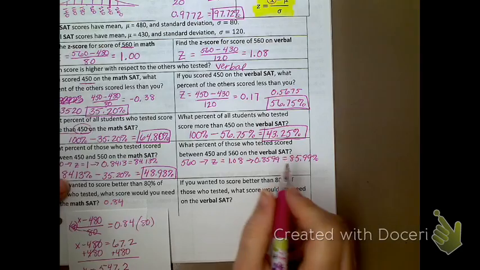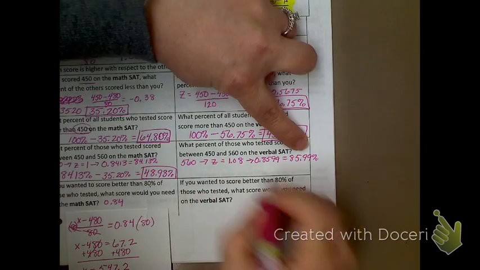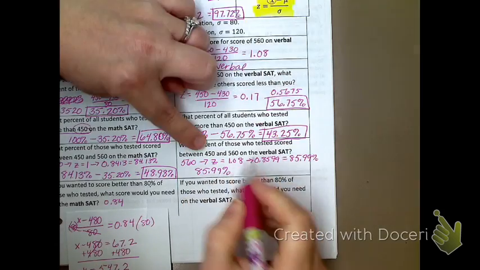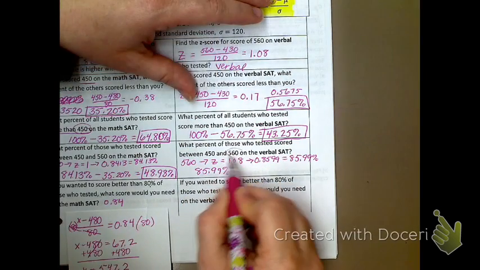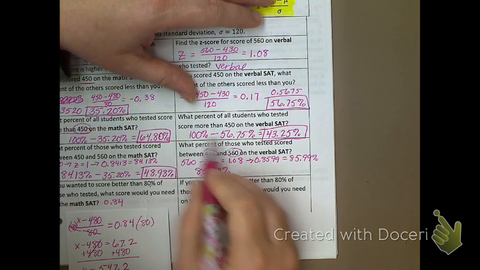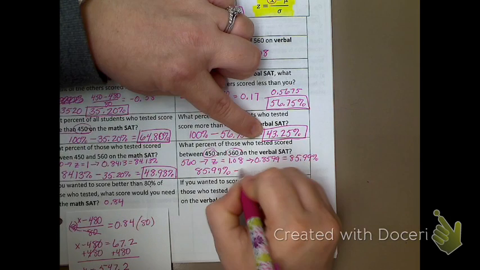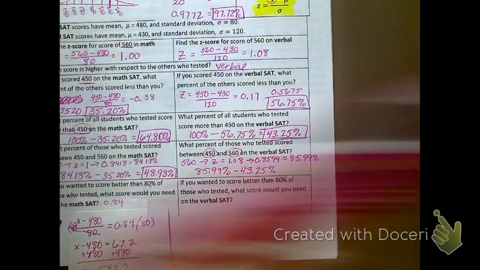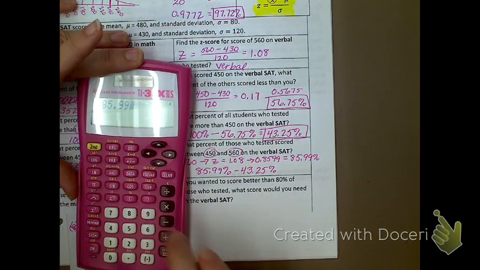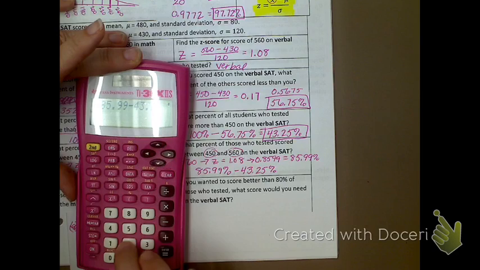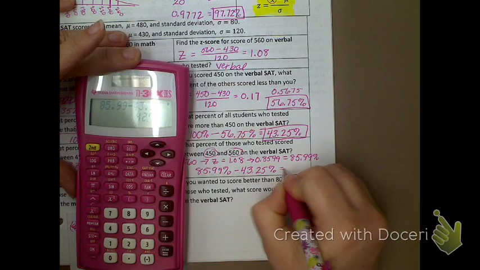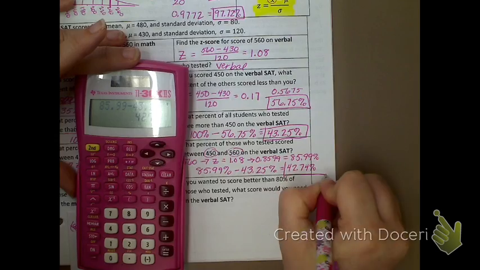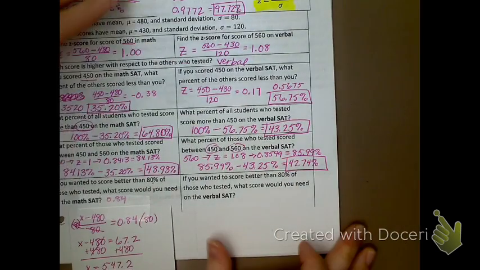So again, to find the between, I take the higher percent and I subtract the lower percent. So the higher percent came from the 560, the lower percent comes from the 450, that's 43.25%. And when I subtract those, 85.99 minus 43.25, I get 42.74%. So that's how many scored between there.